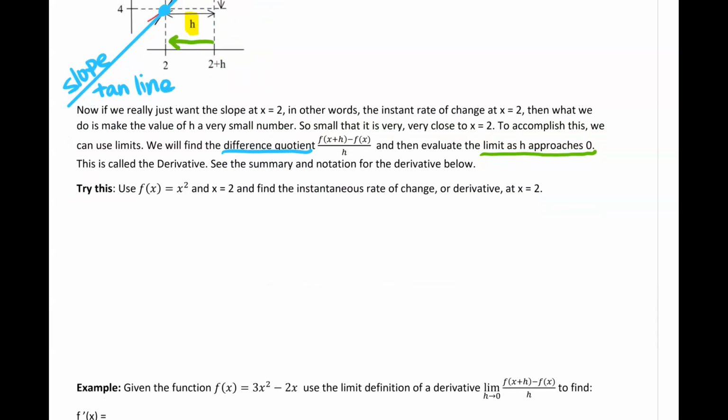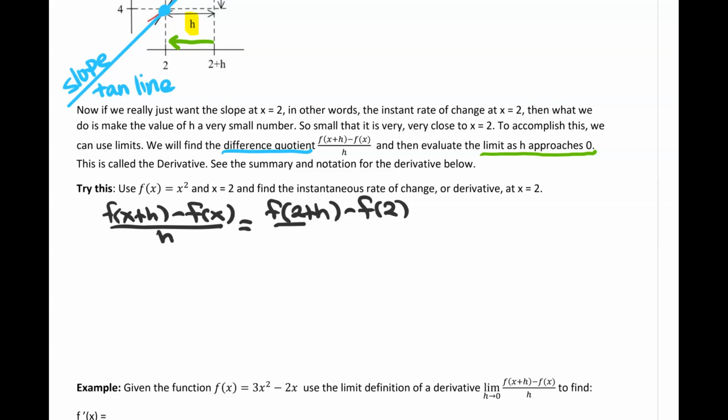So we're going to use the function x squared and the value of x equals 2, and we're going to start by finding our difference quotient. So we're going to do f of x plus h minus f of x over h. And we're going to use x as 2, so we're going to have f of 2 plus h minus f of 2 all divided by h.